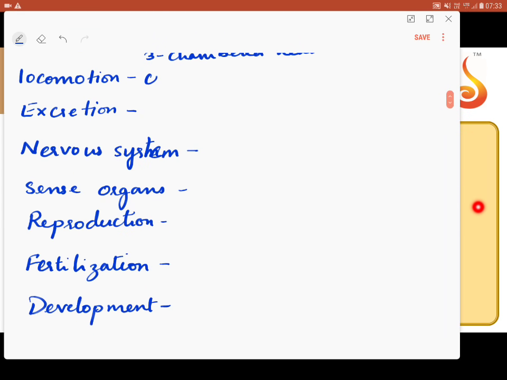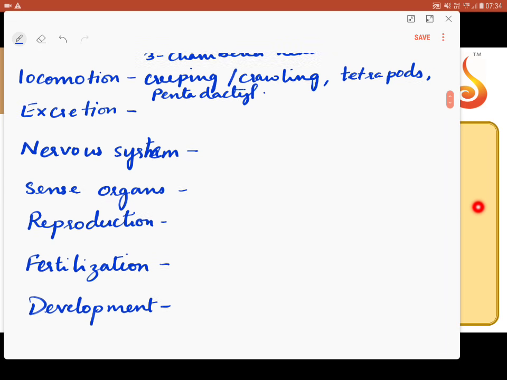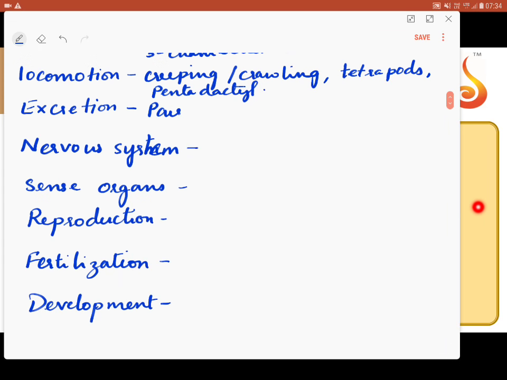Locomotion, creeping and crawling type. Tetrapods, pentadactyls. Excretion, pair of kidneys and the excretory product is uric acid.